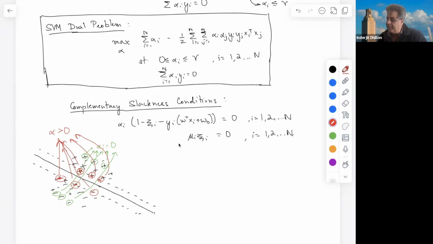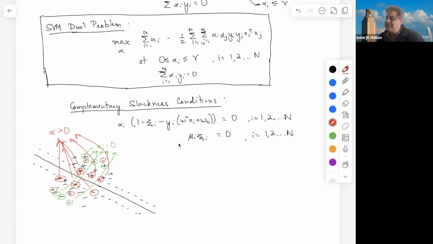But now there are other things, right? The other points which are misclassified. So the misclassified ones are here, here, here, and here.